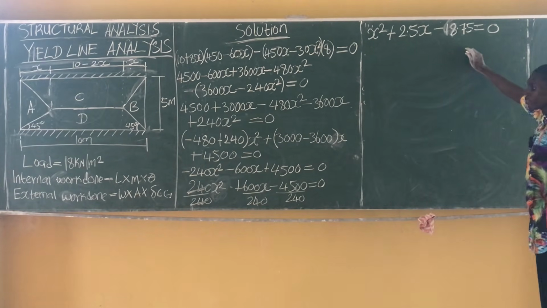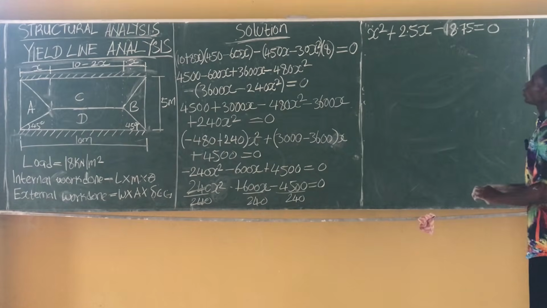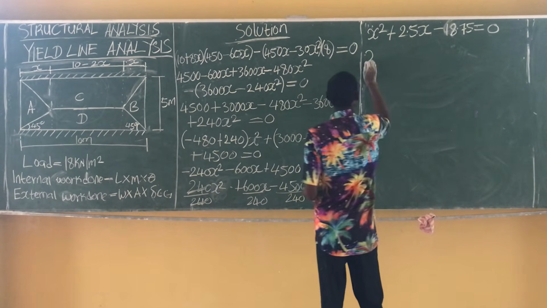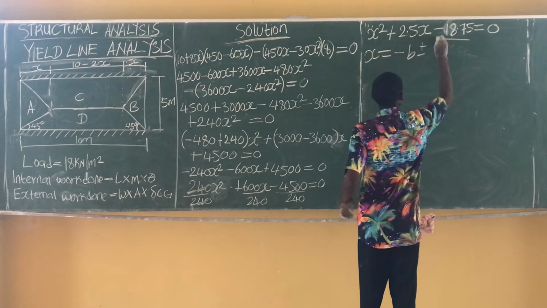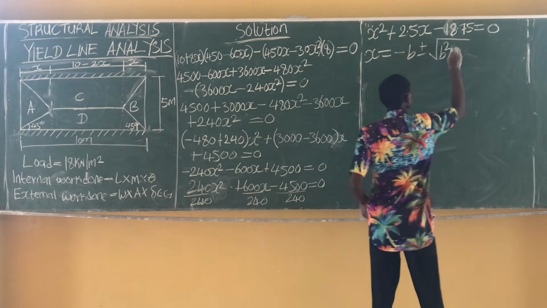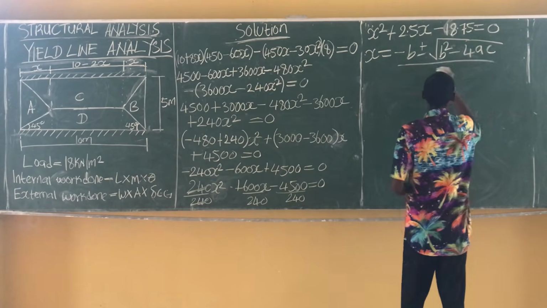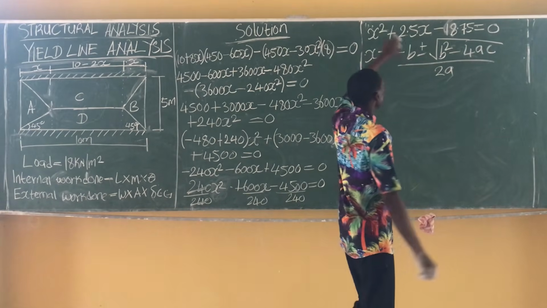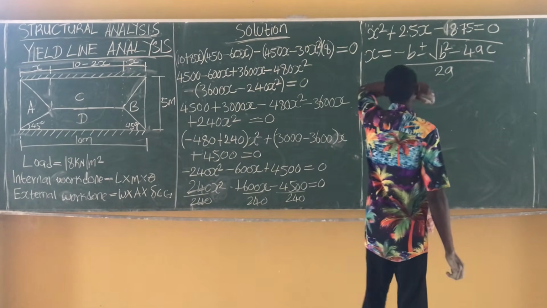At this point, you can see that our quadratic equation is clearly in form. So we use the formula method to find the value of x. We know that x is equal to minus b plus or minus square root of b squared minus 4ac, all over 2a. Here our a is the coefficient of x squared, our b is the coefficient of x, and our c is our constant.